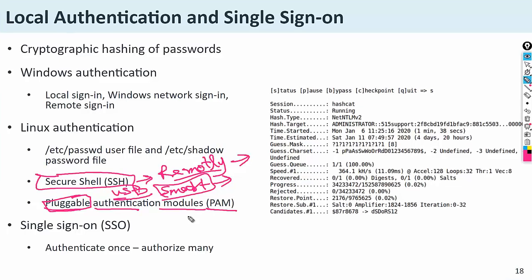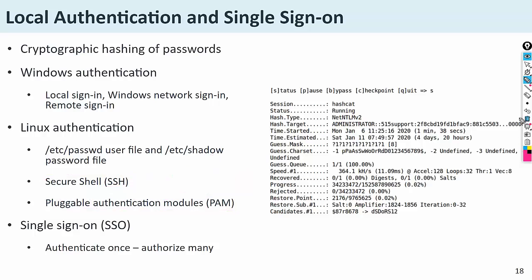There is one more, very well known and widely used nowadays in authentication. It is known as single sign on, SSO. Single sign on means you log in one time and you can access all the things. For example, you log in to Gmail using your username and password.